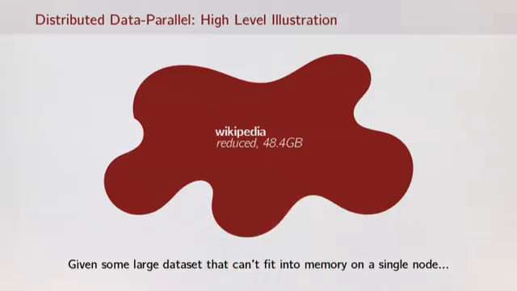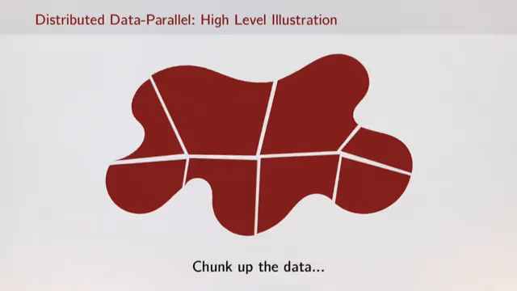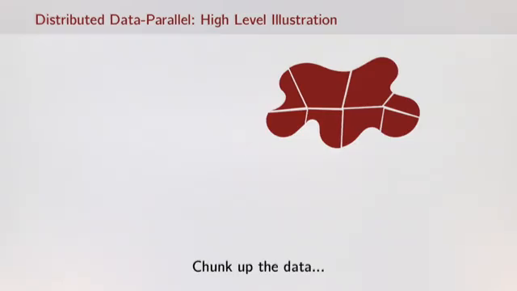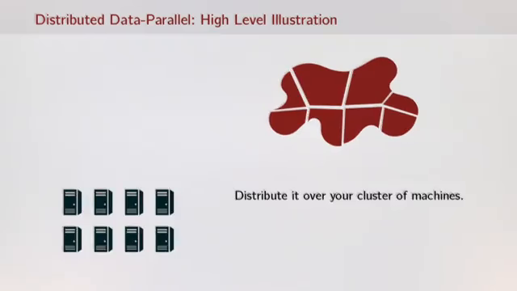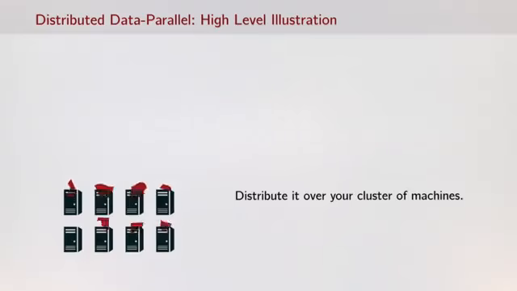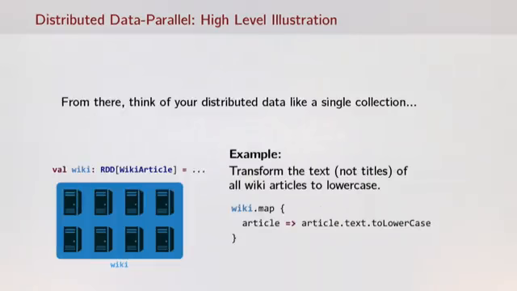Assuming that we have a data set like this, what Spark will do is chunk up this data set via some partitioning mechanism, and then distribute this partitioned data set over a cluster of nodes. What you get back from Spark is a reference to this entire distributed data set.